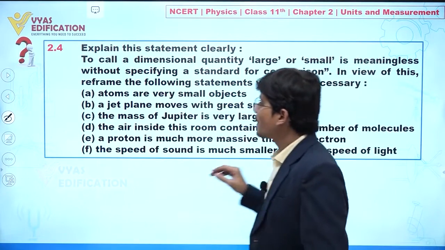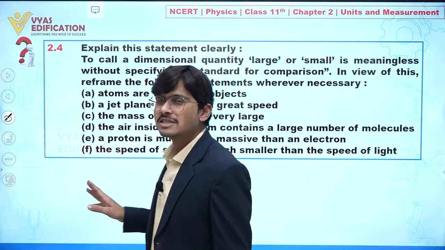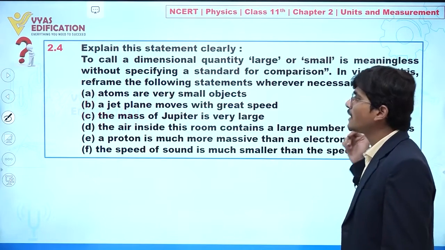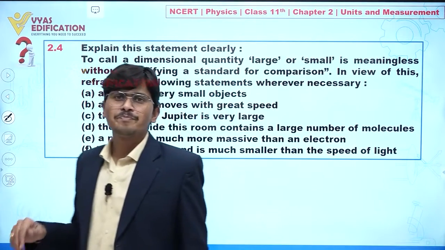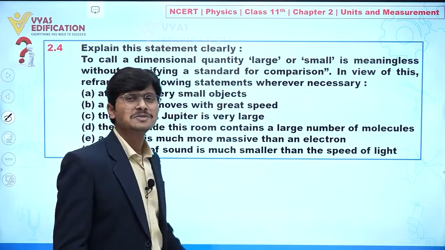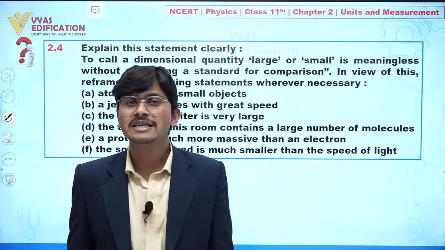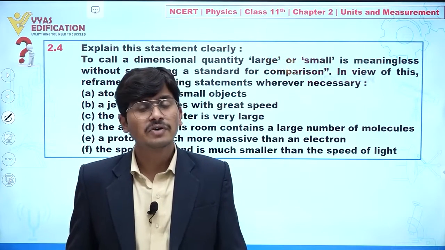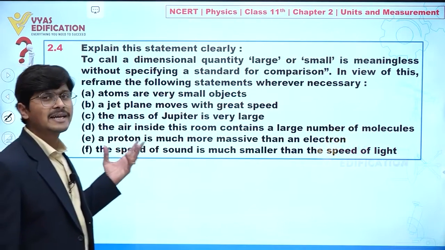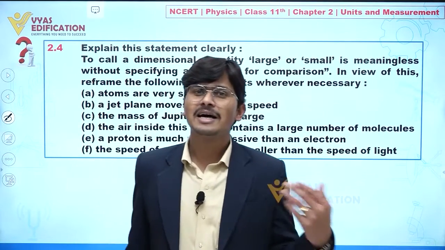Now a total of 6 statements are given to us, and we have to reframe the following statements whenever necessary. Number 1: atoms are very small objects. This is a meaningless statement, because if we are talking about the size of an atom, then we have to compare it with another object.